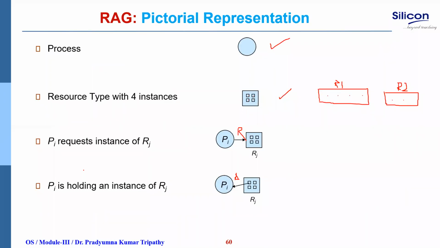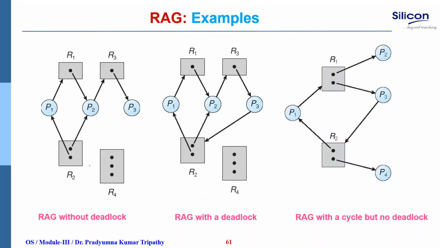With this, the resource allocation graph is being drawn. Just look over here. In the first case, there are 3 processes, P1, P2, P3. How many resources? R1, R2, R3, and R4, so there are 4 resources.